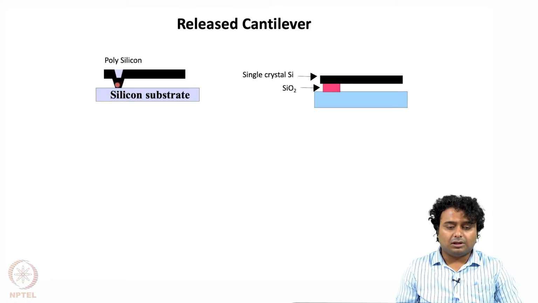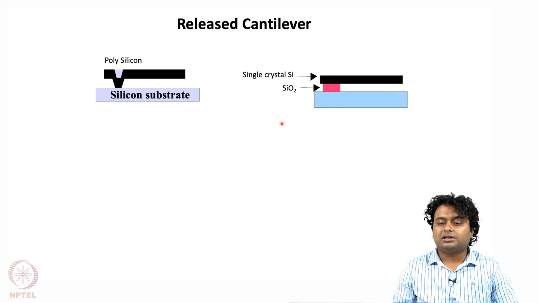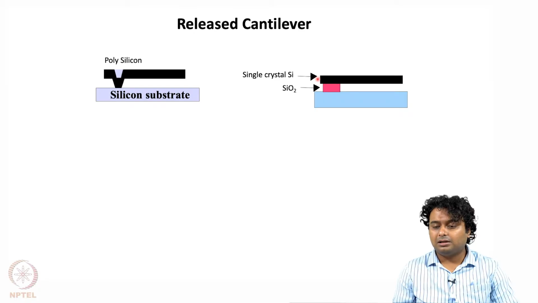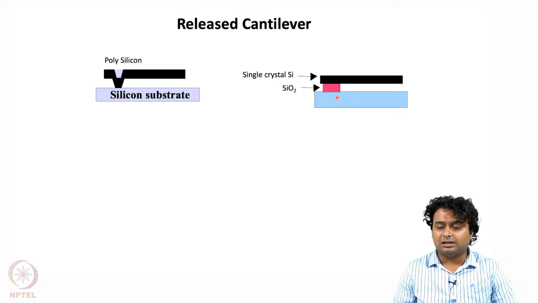Now here the polycrystal cantilever is itself attached to the silicon substrate. Now in the second case, as you can see, this is a single crystal silicon cantilever, and in between that cantilever and the substrate, which is also, let us say, a single crystal silicon substrate, there is SiO2 or silicon dioxide.